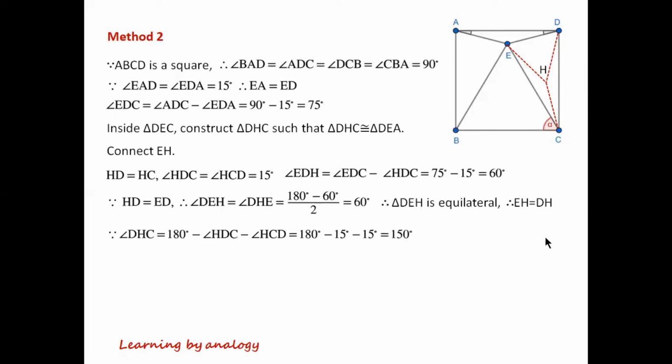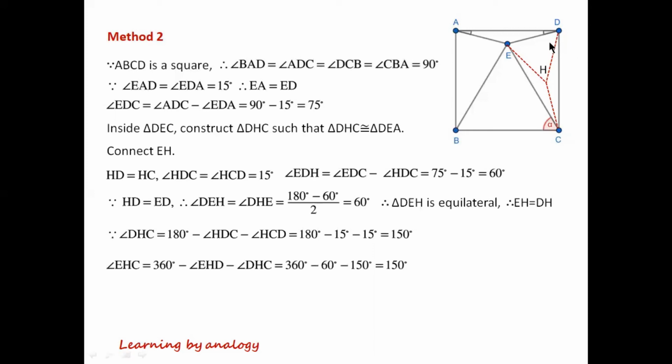Because angle DHC equals 180 degrees minus angle HDC minus angle HCD equals 180 degrees minus 15 degrees minus 15 degrees equals 150 degrees.